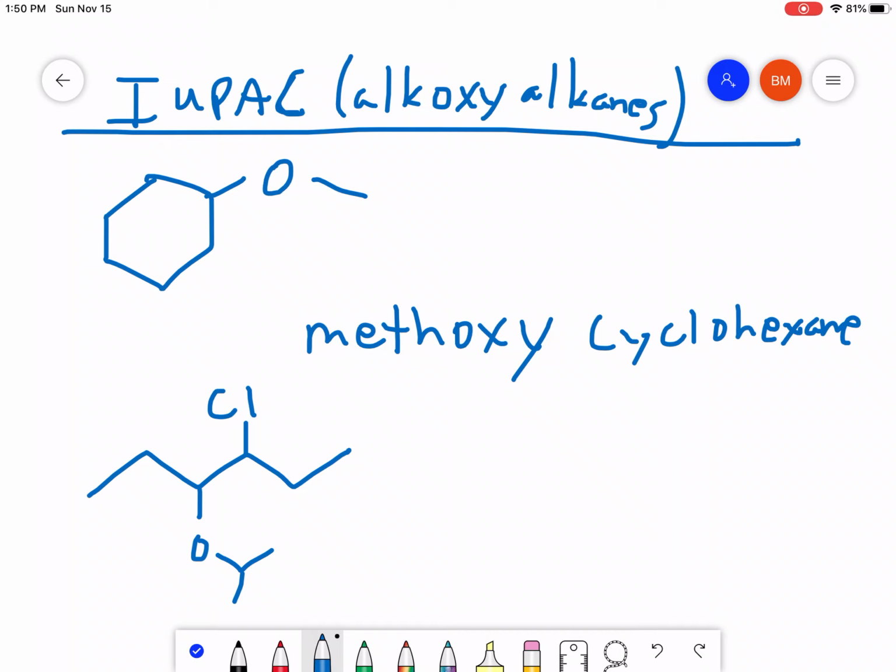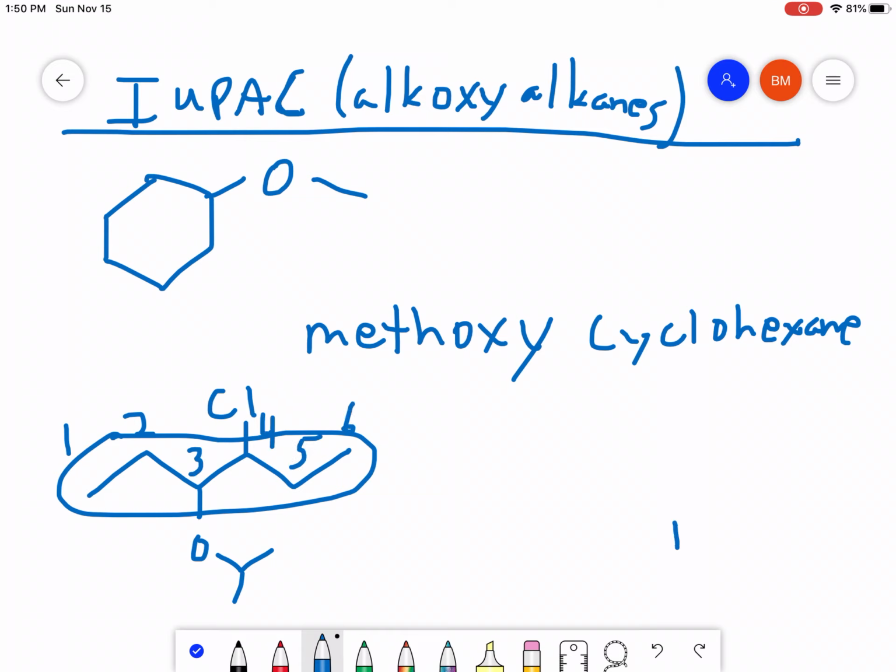They take precedence over halides and alkyl groups. Alright. So if you're looking at this, this group right here is the longest R group in your ether, so it gets to be the parent. We're going to number this from the left-hand side, because that gives the OR group, the alkoxy group, the lowest number.